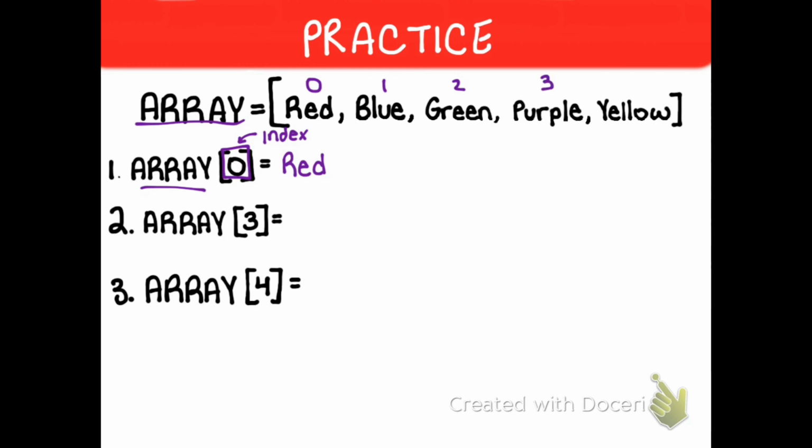This means that the item at index 3 is purple. Lastly, if we look at index 4, we can continue our numbering, and the fifth item at index 4 is yellow.